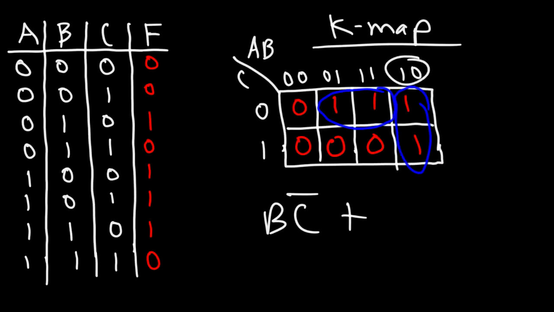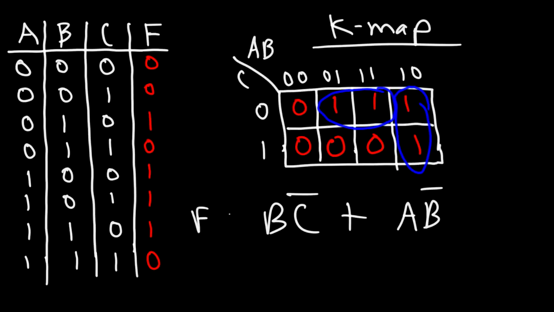A is 1, B is 0. So which one is going to be not A? Is it A or B? Because A is 1 and it matches the output function 1, we're going to leave it as A. But because B is 0, we need to put not B, because not 0 is 1.